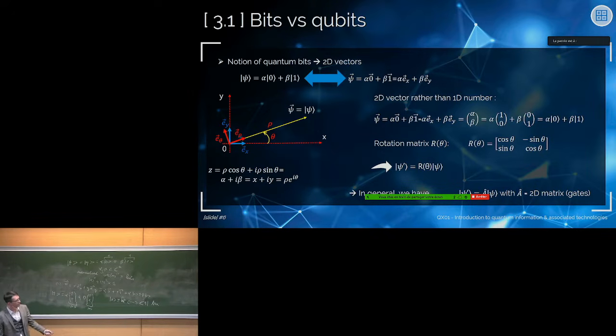And as we've seen, of course we can go from one qubit to another, or one vector to another, using rotations, for instance. So that would be the rotation matrix in a 2D space that we know. But we would have the equivalent in this space.